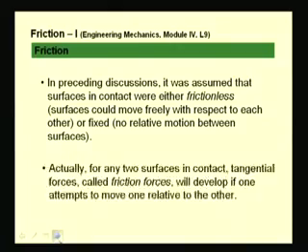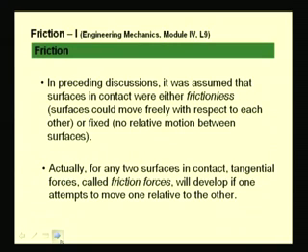But in practice, between any two contacting surfaces of a rigid body, tangential forces develop that we call frictional forces. They prevent the relative motion between the two and offer resistance to some degree before a motion impends and starts.